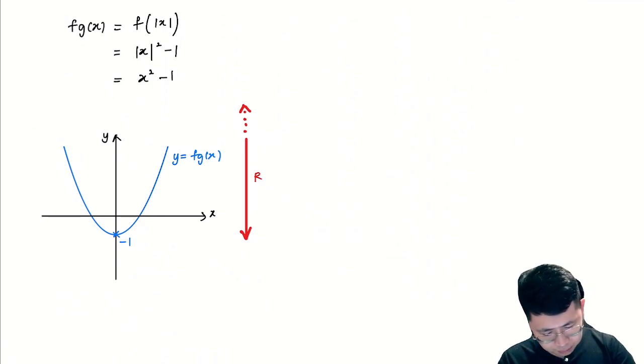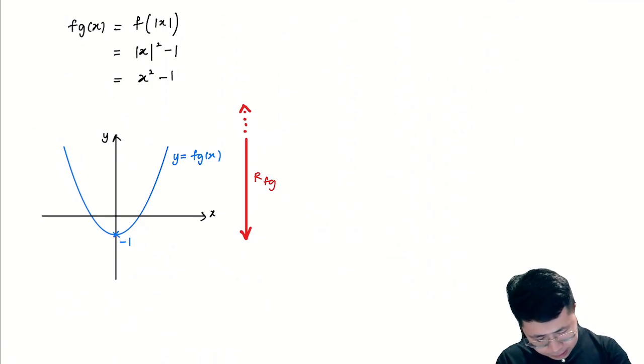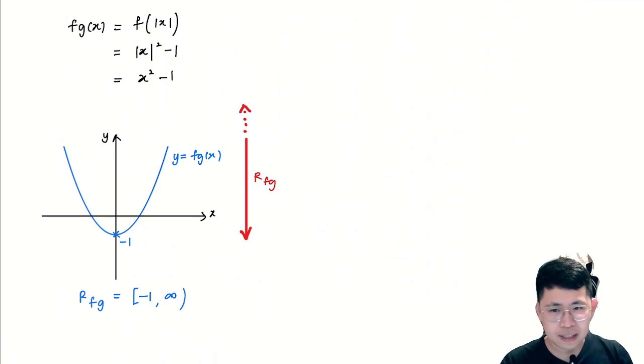So the range of fg would be starting from -1 inclusive all the way to infinity. This is the exact same shape as compared to part A, f(x).